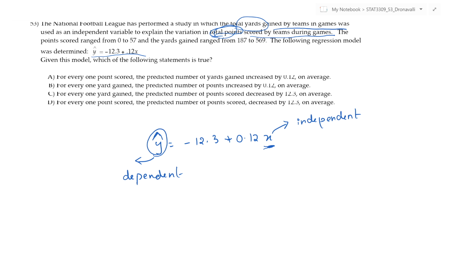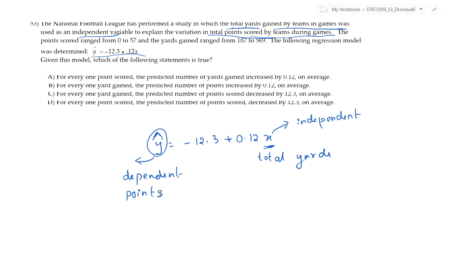So x is our independent variable and y hat is our dependent variable. So x from our question is the total yards gained during a game, and y, which is a dependent variable, is the total points scored.